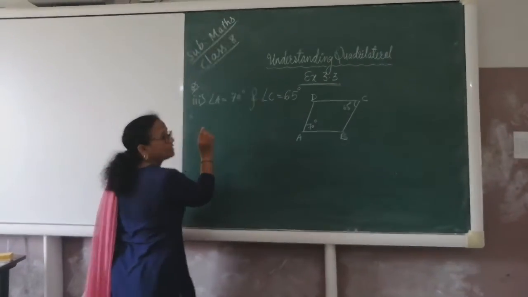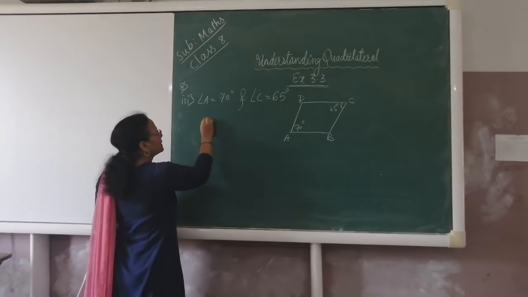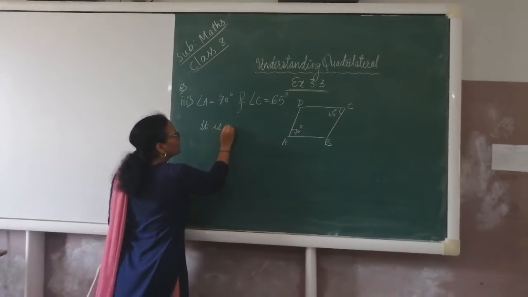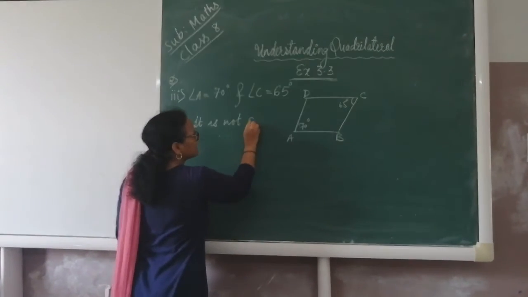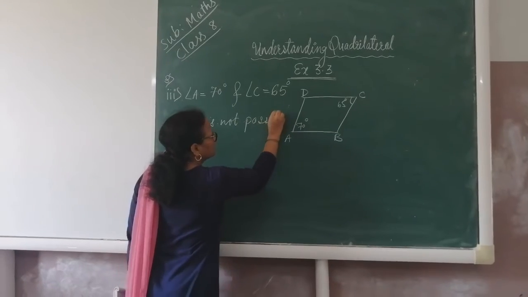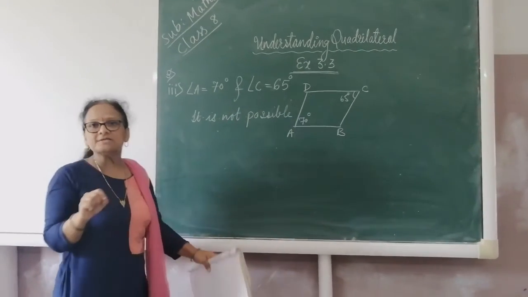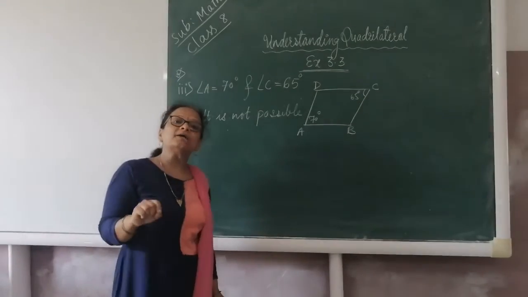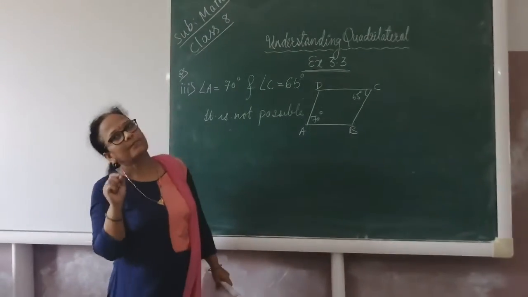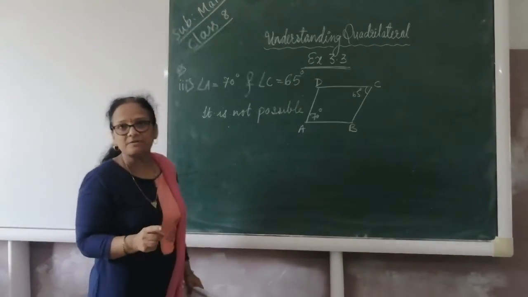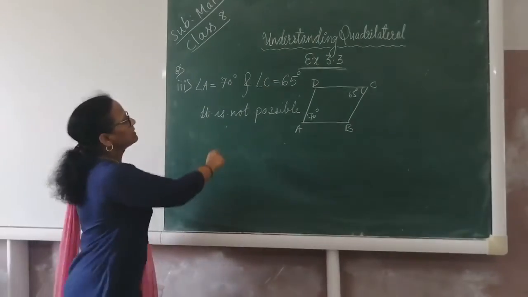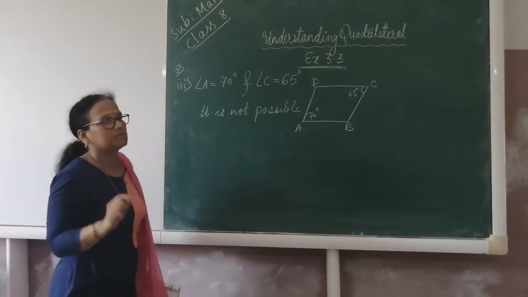Therefore, it is not possible that it is a parallelogram. So directly write down, it is not possible. For this sum you have to apply the properties of the parallelogram. Here opposite angles are given, opposite angles are not equal. That's why this condition is not possible.